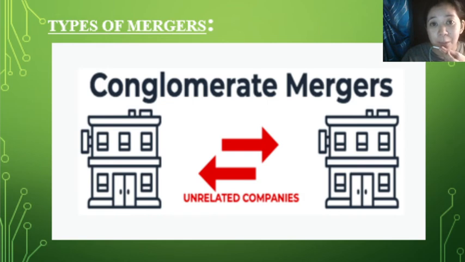We have pure and mixed. A pure conglomerate merger involves companies that are totally unrelated and operate in distinct or different markets, and they decided to combine or merge. The second type is a mixed conglomerate merger. It involves companies that are looking to expand product lines or target markets.